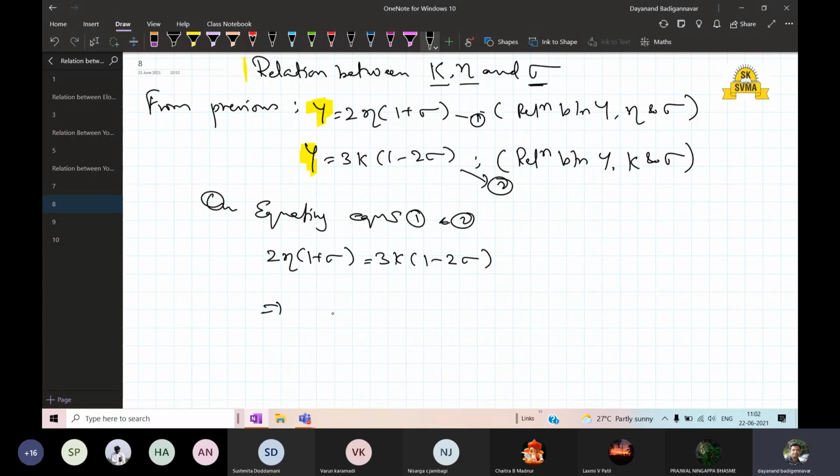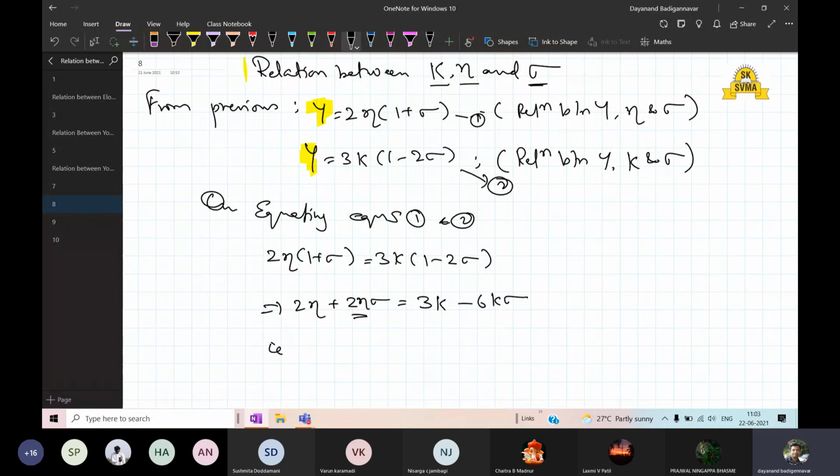You get 2 eta plus 2 eta into sigma, that is equal to 3k minus 6k into sigma. So you bring these terms to one side.